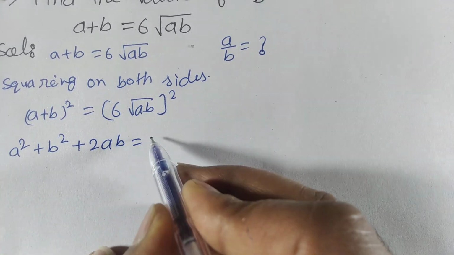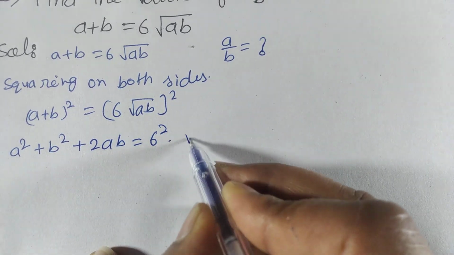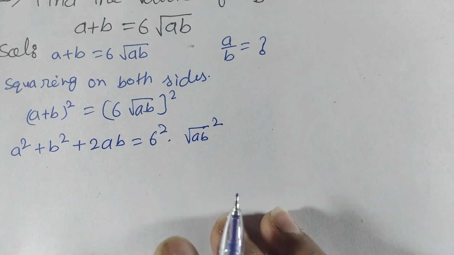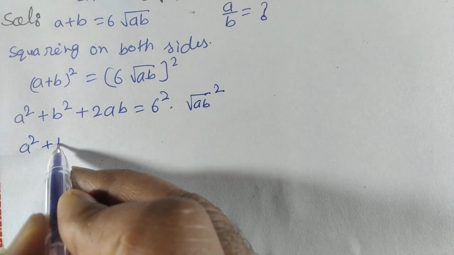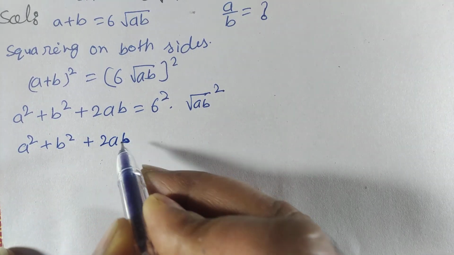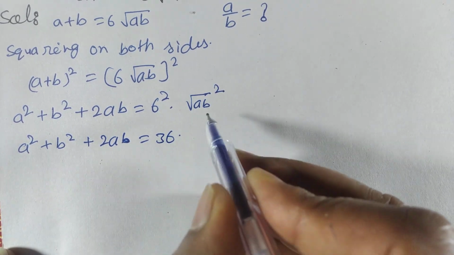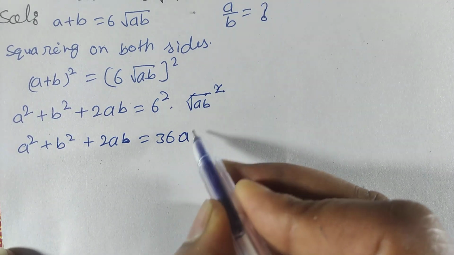On the right side, this square belongs to 6 square and the square root of ab square. So a square plus b square plus 2ab is equal to 6 square. 6 square is 36. This square and this square root will be removed, remaining ab.